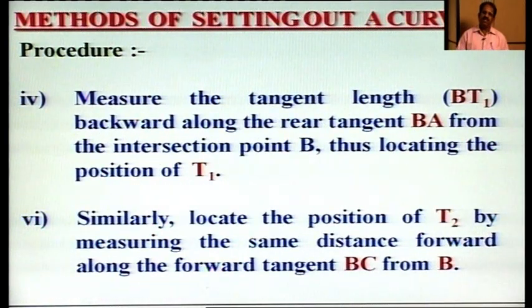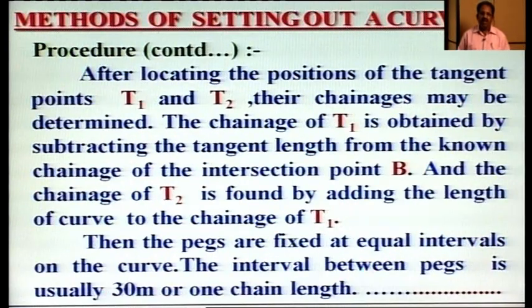Next, measure the tangent length BT1 backward along the rear tangent BA from the intersection point, thus locating the position of T1. Similarly, locate the position of T2 by measuring the same distance forward along the forward tangent BC from B. After locating the positions of the tangent points T1 and T2, their chainages may be determined.